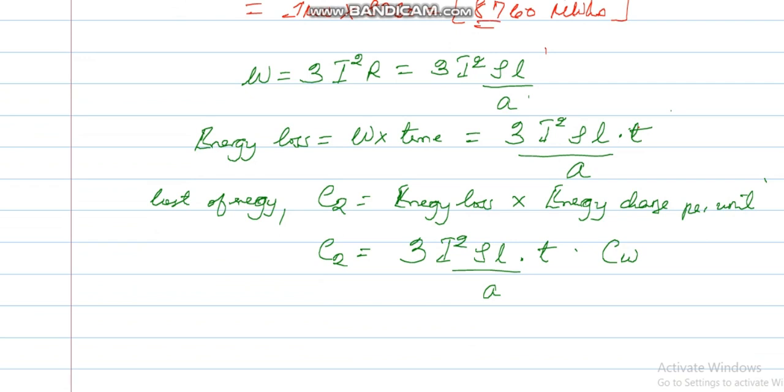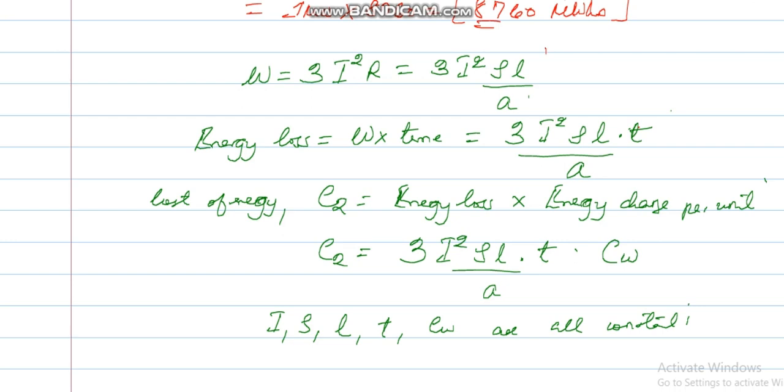Kwa hiyo tunajikuta kuona kwamba I squared, resistivity, length, time and Cw are all constant. Sawa. Annual operating hours of the year ni constant, transmission line length ni constant, conductor ni the same, ile the same amount of transmitted power that account for I the same.